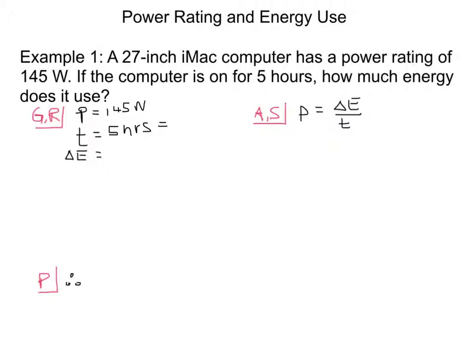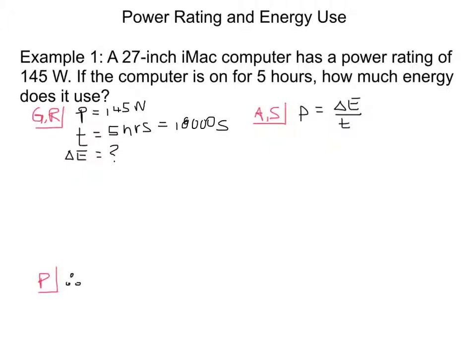And we have 60 seconds in a minute and 60 minutes in an hour. So that's 5 times 60 times 60. So this is 18,000 seconds.